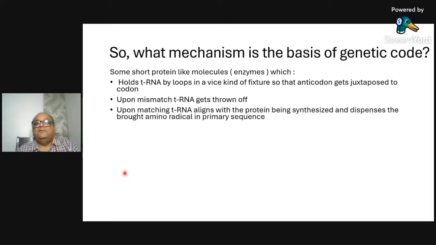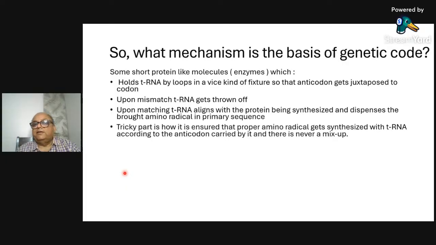Upon matching tRNA, it aligns with the protein being synthesized and dispenses the carried amino radical in the primary sequence. Okay. But the tricky part is how it is ensured that proper amino radical gets synthesized with that tRNA and gets replenished again according to the anticodon carried by it. And there is never a mix-up.